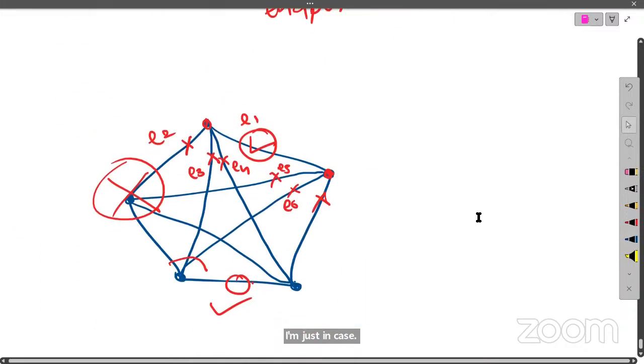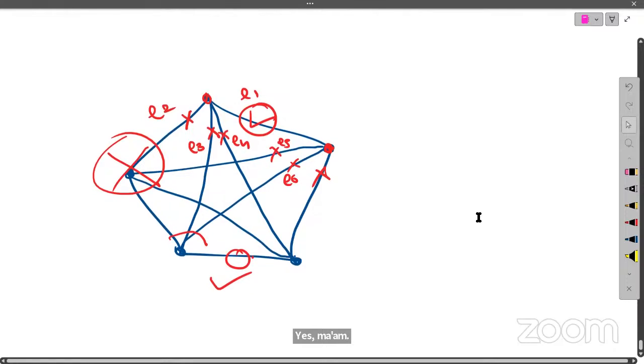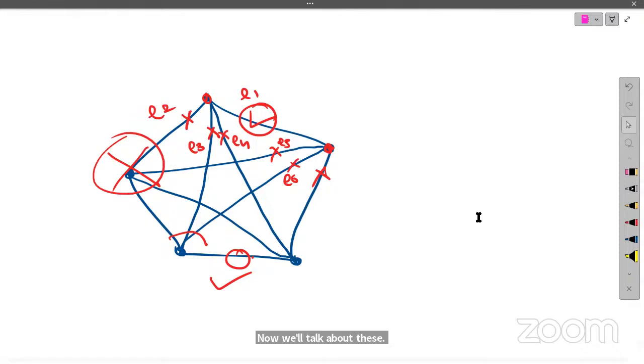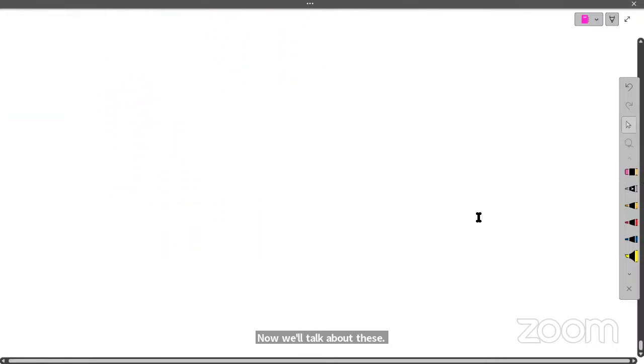Okay, so now we'll talk about adjacency matrices. What is the adjacency matrix? Again, adjacency matrix and adjacency list and degree matrix. You are familiar with the matrix. A matrix is nothing but a collection of some rows and columns.